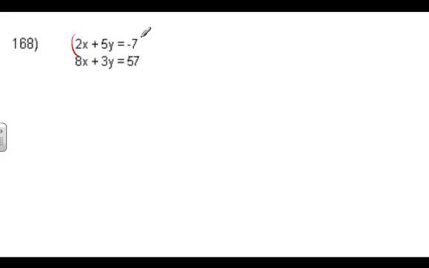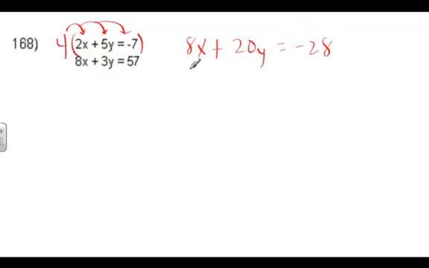So I have to take this equation and multiply by what? 4. Yeah, there we go. So that's going to be 8x, and I have to do everything in that equation. So that'll be a common error for kids, is they won't multiply everything. So again, it's this distributive property, everything. So that's negative 28. And then my other equation is 8x plus 3y equals 57.